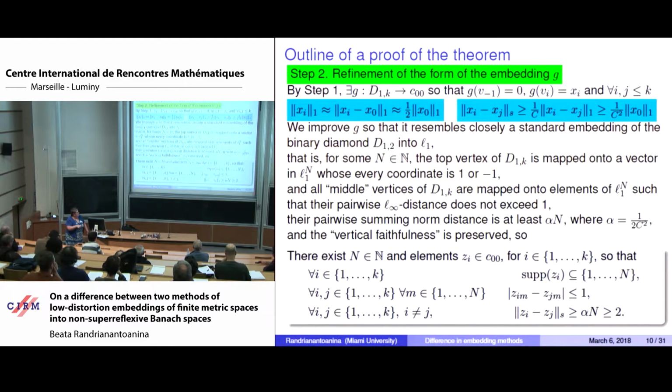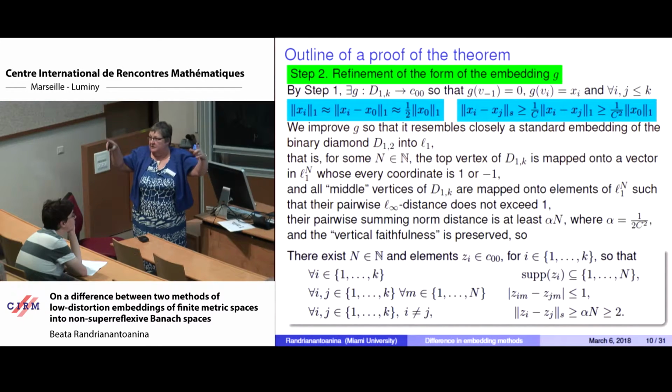M here is a fixed coordinate, and i and j are the different vertices. They will have the same sign, because they have the same sign as the coordinate of the top vertex, and that value will be a number of modulus less than 1, so in particular the difference is less than 1.